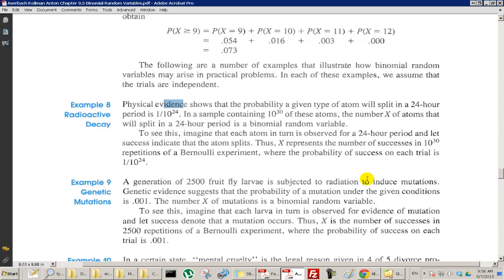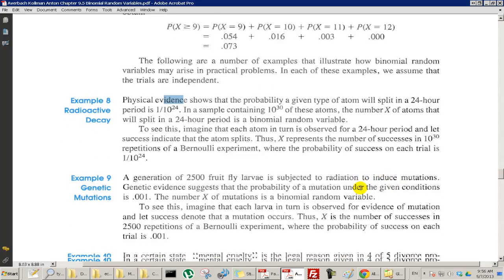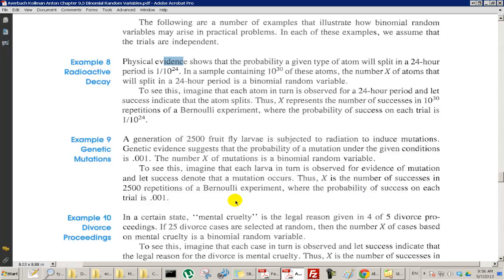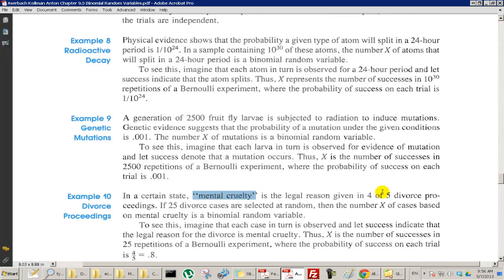Having a mutation might be called a success, and not having a mutation would be a failure. Having mental cruelty as the reason could be called a success, and otherwise a failure, and so on. So we're going to call one of them the success and the other one failure.